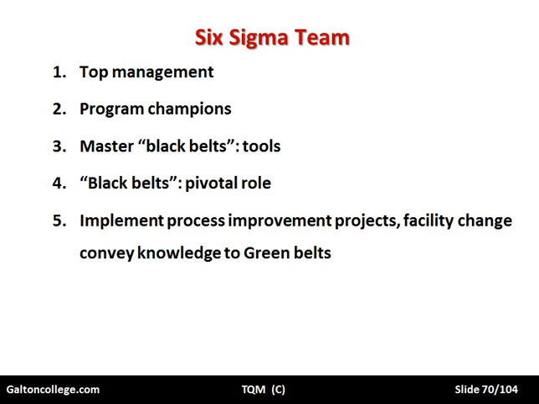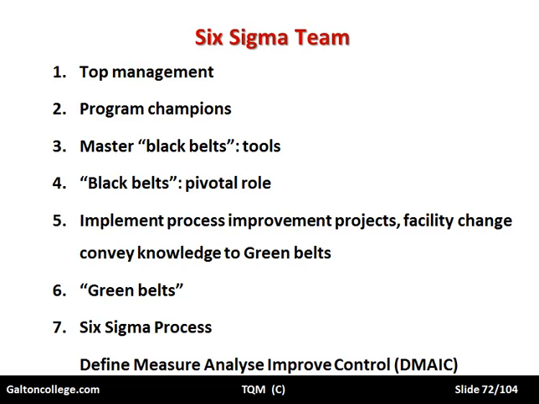It's just that they're at an earlier point in development than the black belts, a much earlier point. So as a part of the team, we'll have the black belts and we'll have the green belts. And then we have, of course, the Six Sigma process. And the Six Sigma process is the whole team that are committed to the process of implementing this zero defect mentality.